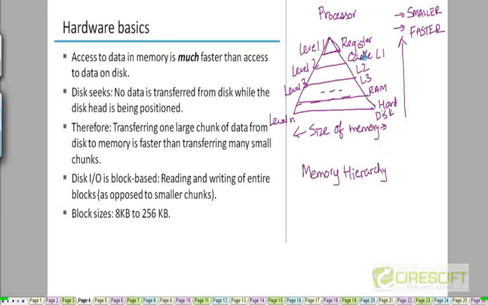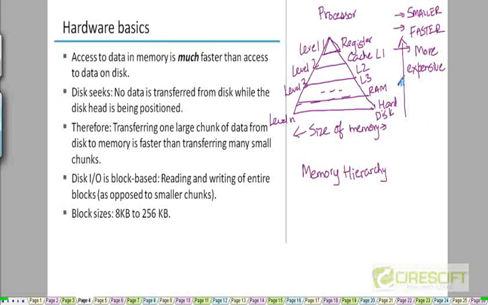Now one may ask, if accessing the register is very fast, and accessing the cache is also relatively fast, why don't we make these memory units larger? That's because the upper levels of the memory hierarchy are also more expensive, which is why they tend to be smaller.